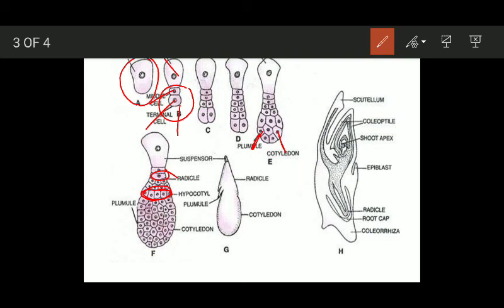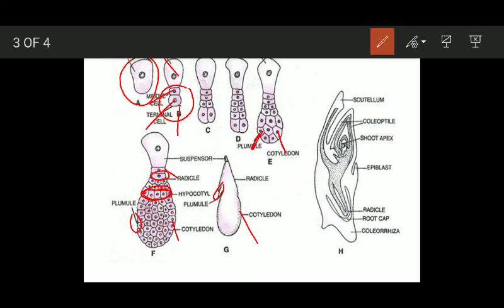Now the cotyledon that has started initiating here, its cells divide rapidly. This leads to rapid growth of the cotyledon, and because of this rapid growth, the plumule comes to lie on one side. Here you can see the plumule, or the future shoot, comes to lie on one side because of the excessive growth of the cotyledon.